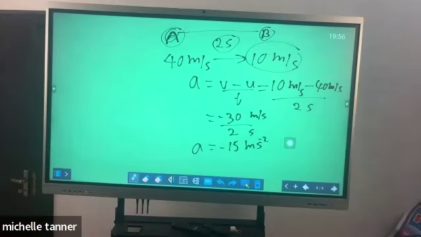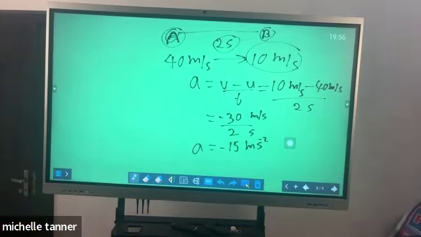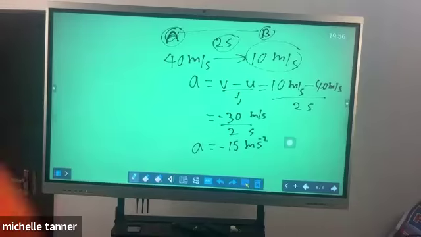Find the acceleration, and draw the diagram.